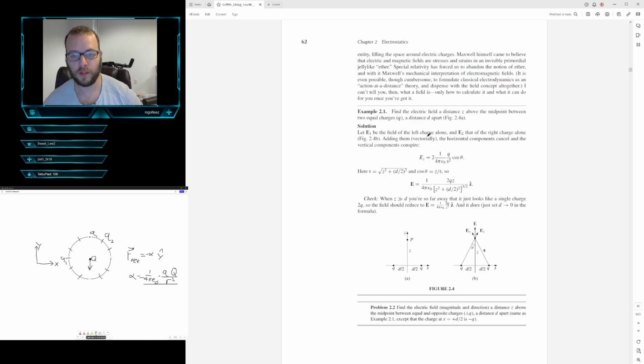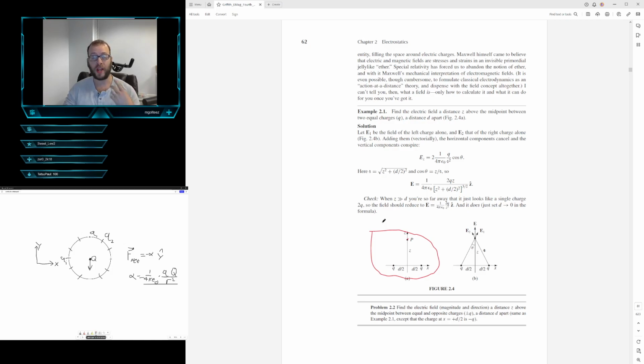So this asks us to find the electric field a distance z above the midpoint between two equal charges q, a distance d apart. So shown here. So we want to find the field at this point. Now remember, you don't need to have multiple charges to determine a field.